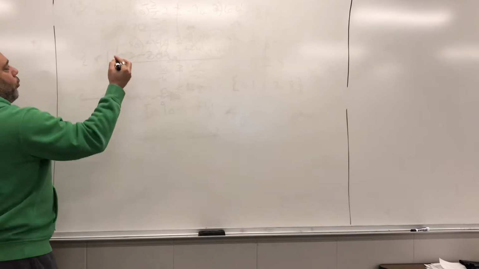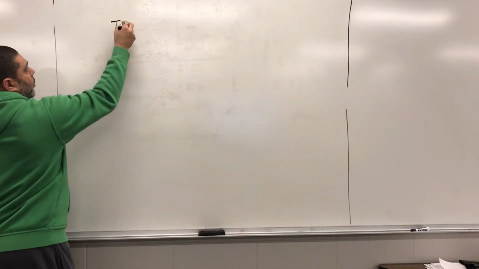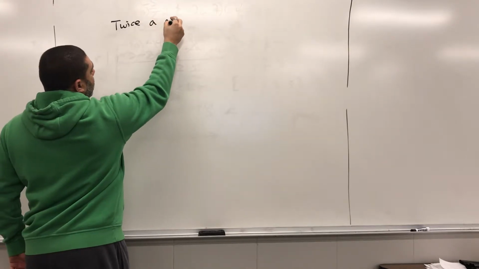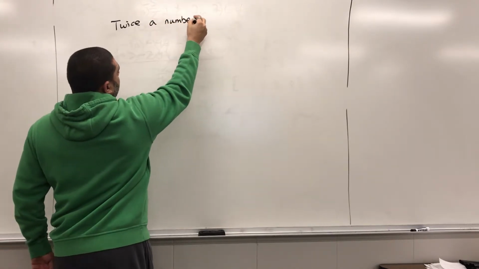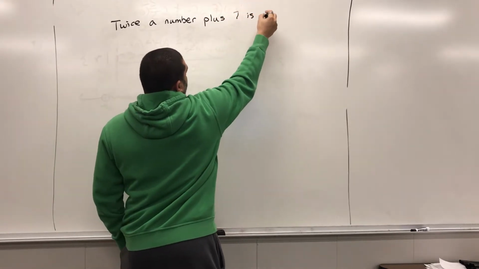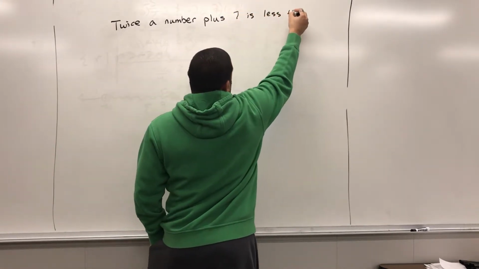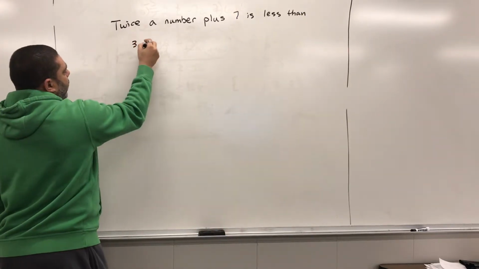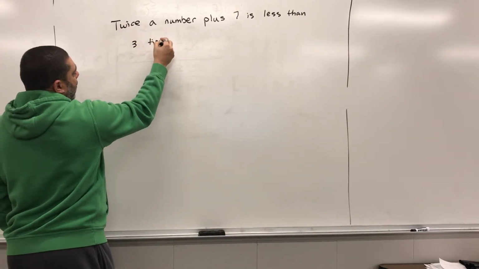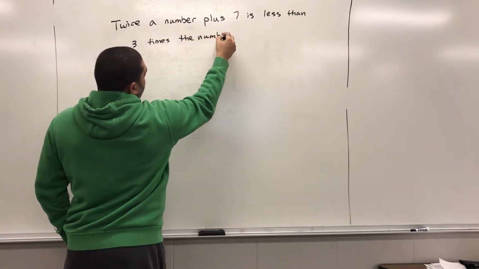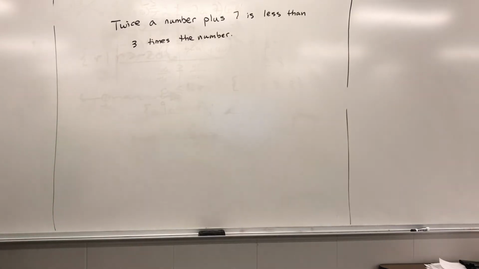For this first one, we have twice a number plus 7 is less than 3 times the number. Please pause the video and give the students 1 minute to write this inequality.